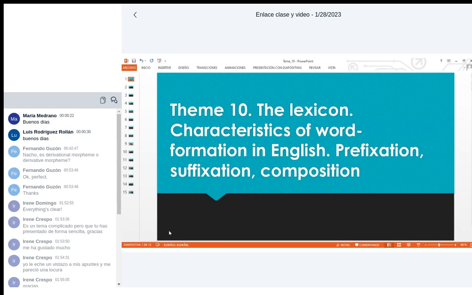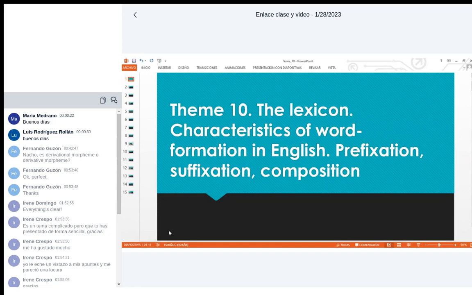This theme is particularly interesting and important because it allows us to understand how we can form English words and vocabulary. Usually when we analyze with the students the composition of the words and the word formation, this is the theme that we deal with in class.